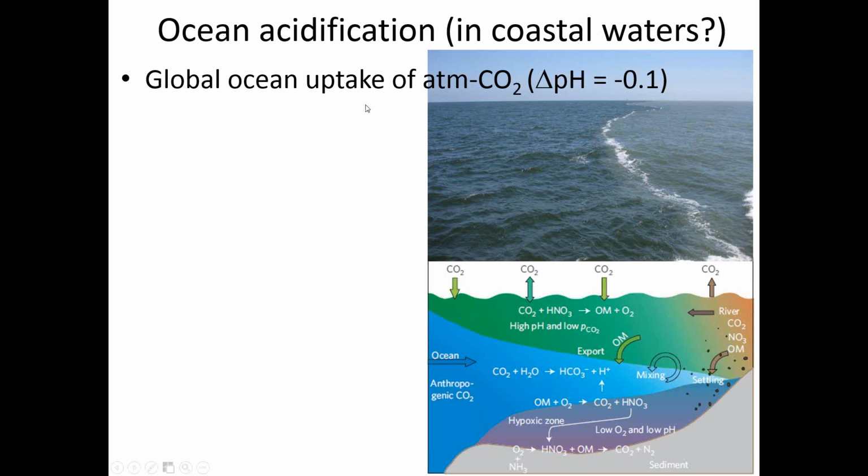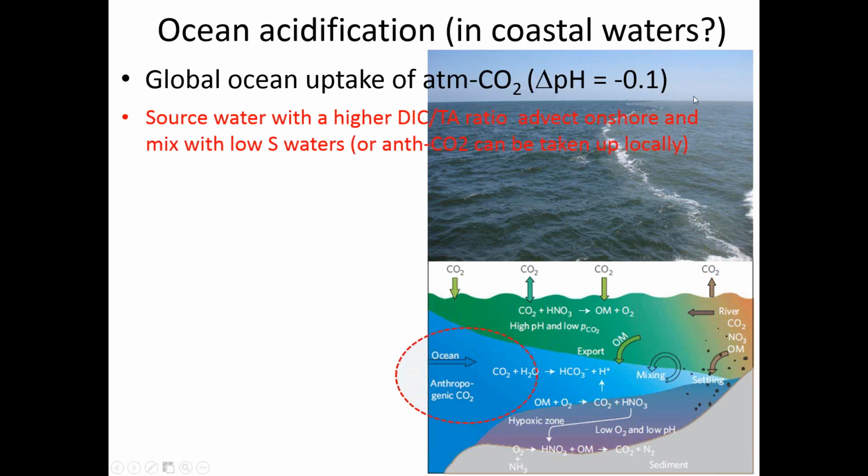biogeochemical background. So back to this question, what do we mean by ocean acidification in coastal waters? Here I want to stick strictly to Dick Feely's definition. That's the global ocean uptake of atmospheric CO2, which we all know has resulted in a pH decrease of about 0.1 pH unit.